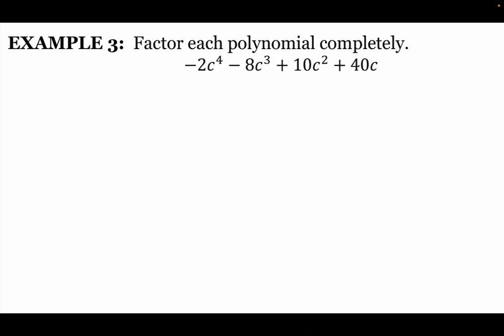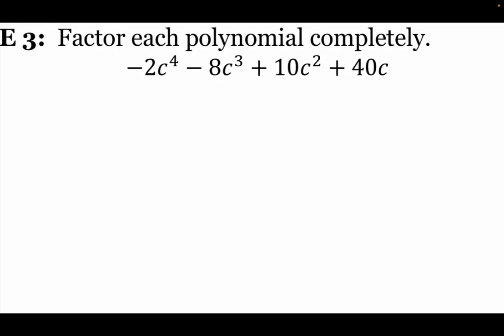Okay, number 3, step 1. Is it in standard form first? Are the powers going down? Yeah, 4, 3, 2, 1 power, right? Okay, so step 1 done. Step 2, factor out a GCF. Is there a GCF overall?